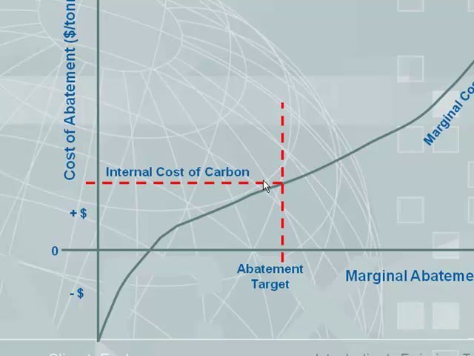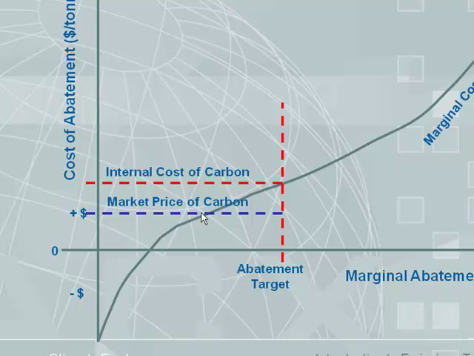Now if there is an emissions trading scheme or some mechanism by which we can sponsor someone else to do the abatement for us, and some way of transferring value to the person who's able to do that abatement, and there is a market price that is lower than our internal cost of carbon, that means that the rest of the marketplace on average is more efficient at abating than we are.